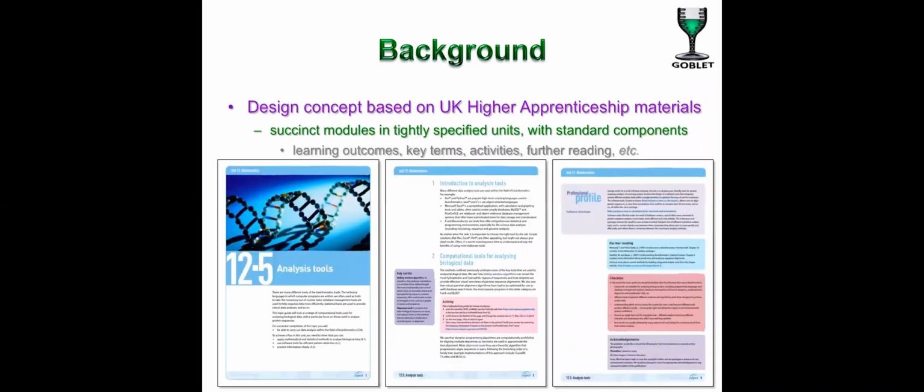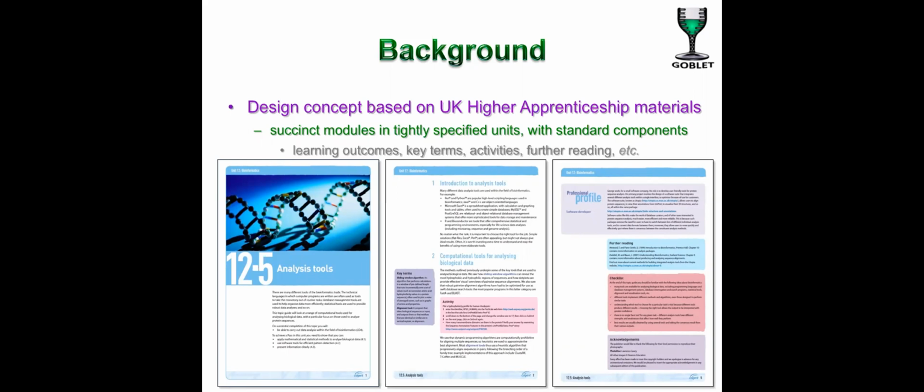So the design concept that we used in producing these materials came from the UK Higher Apprenticeship Scheme. What I liked about those is that they presented a number of succinct modules in tightly specified units, using standard components like learning outcomes, key terms, activities, and further reading.